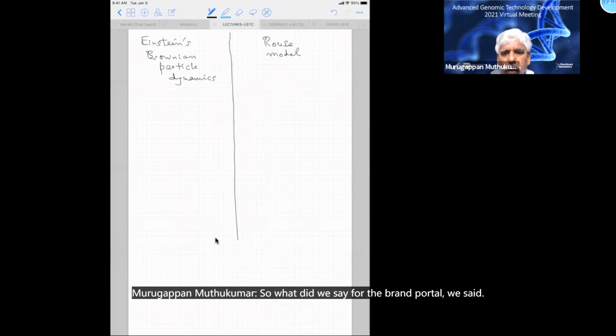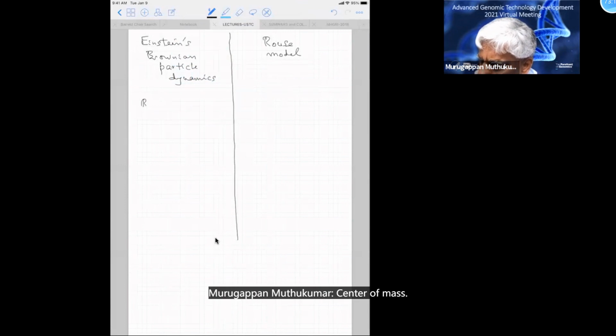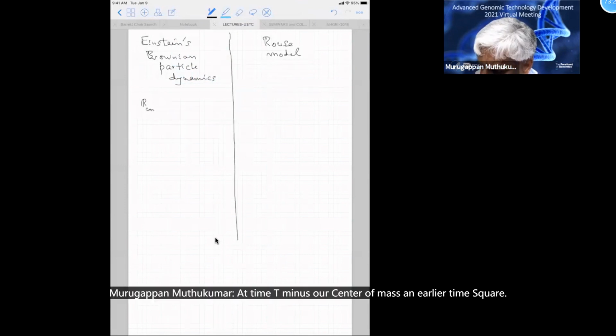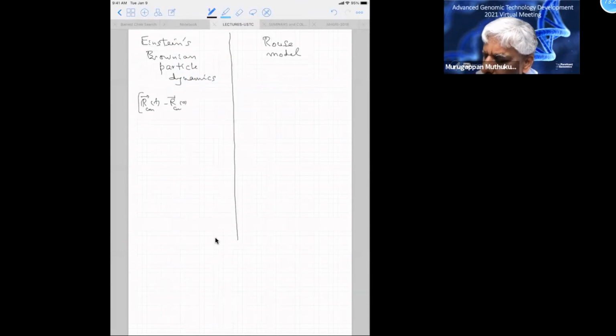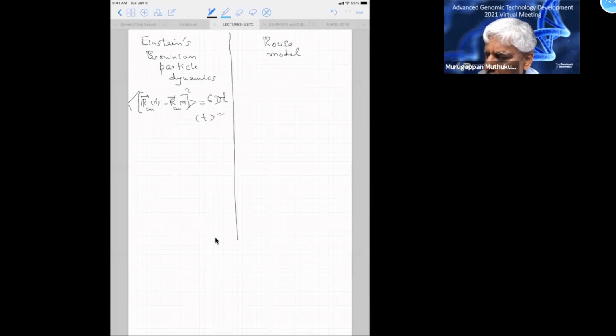So what did we say for the Brownian particle? We said the mean square displacement, r center of mass at time t minus r center of mass at an earlier time, squared, average, is equal to 6Dt if t is larger than tau. That tau was m over zeta.